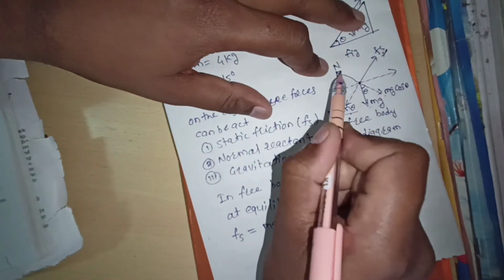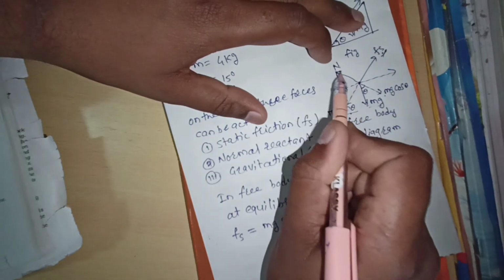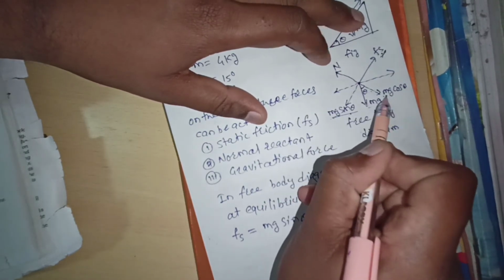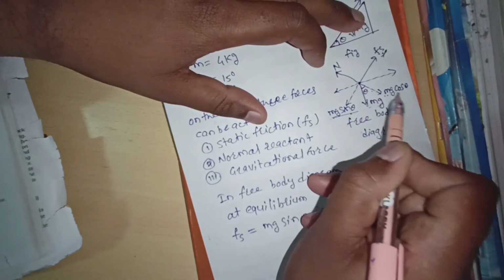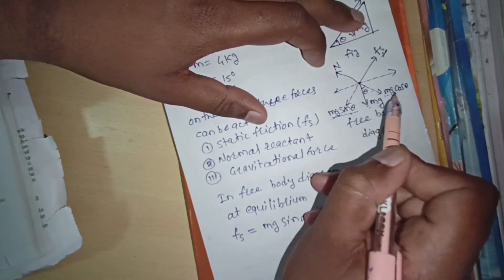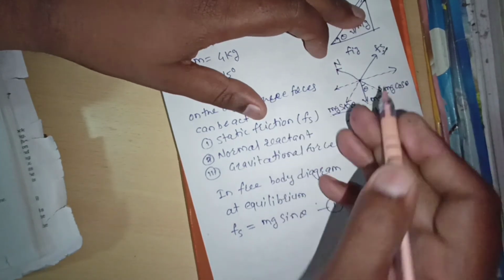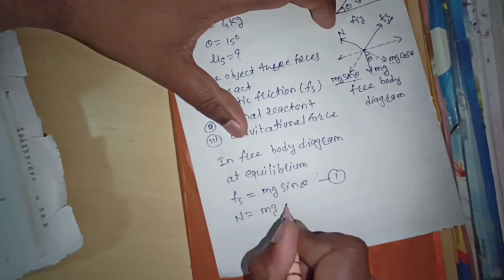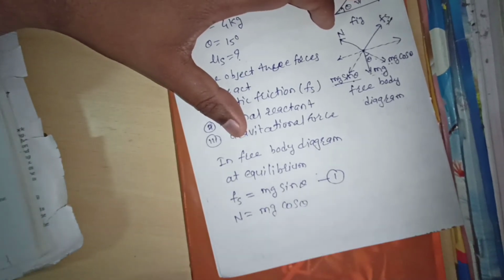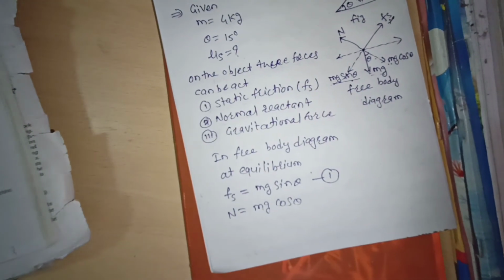On the other side, the normal reaction force is opposite to mg cos theta, so at equilibrium the two are equal, therefore N is equal to mg cos theta. This is equation 2.